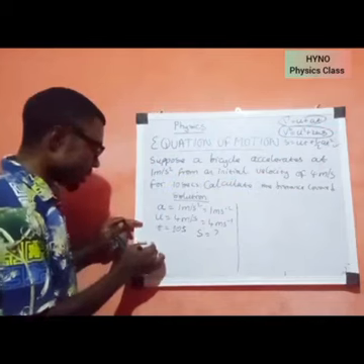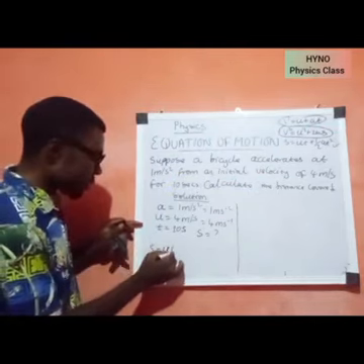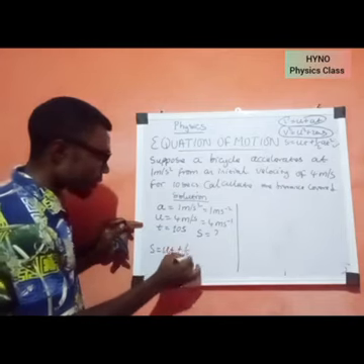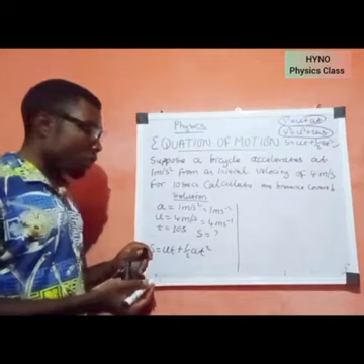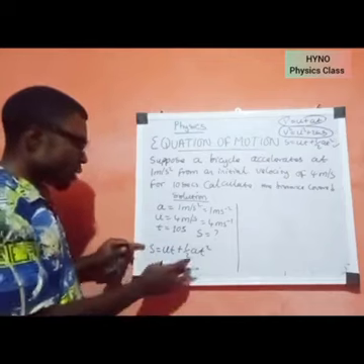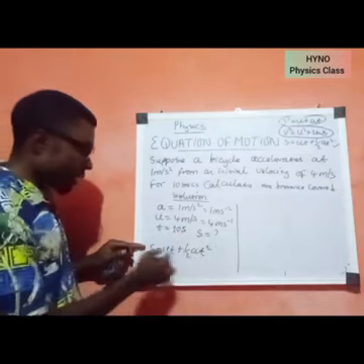So that means S is equal to UT plus half AT squared. As simple as that. One of the equations should be able to solve it. So if we look at that, it is the S we are looking for.